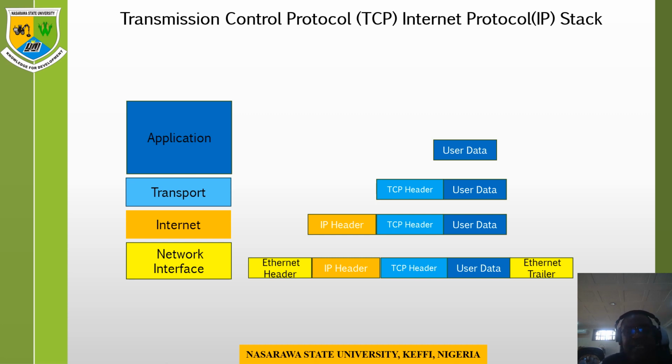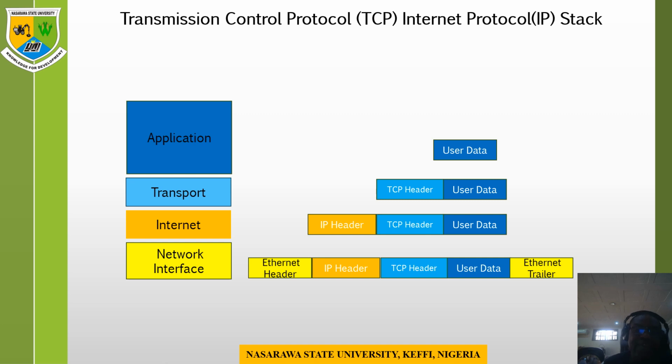And that transport layer encapsulates the TCP header and then the user data from the application layer. The next is the internet layer, and the internet layer also encapsulates the IP header, the TCP header, and user data. Of course, we are all aware of the network interface.